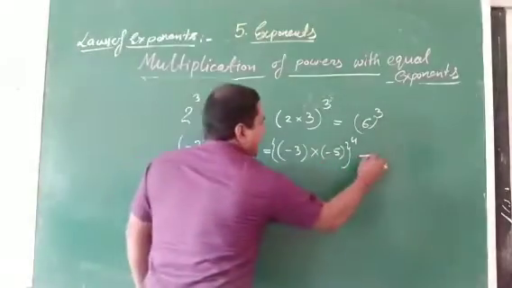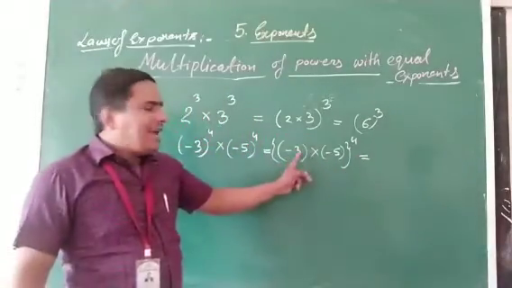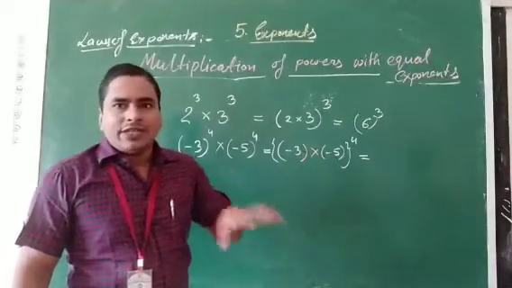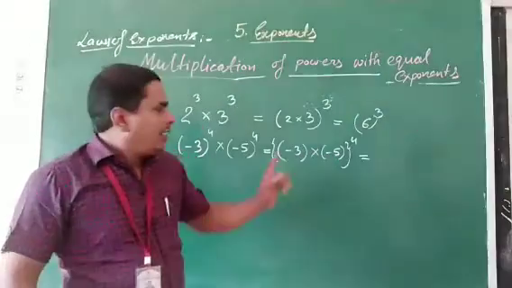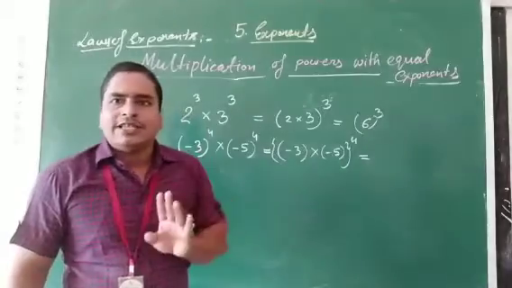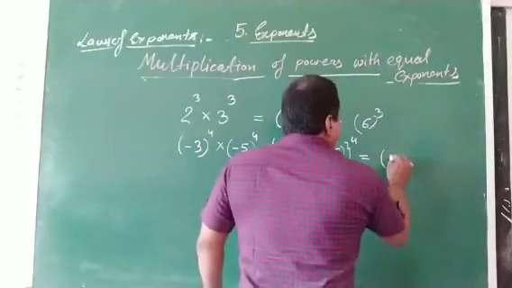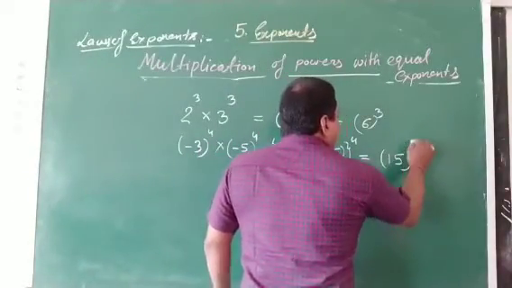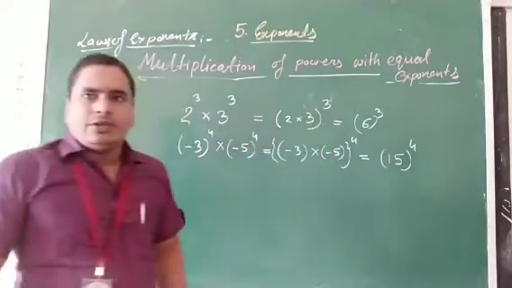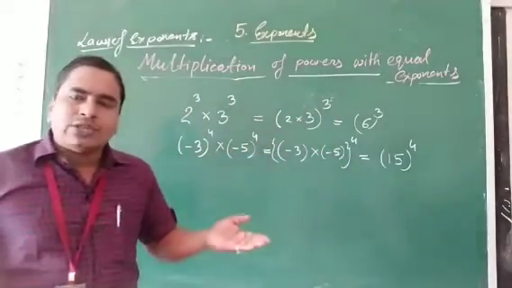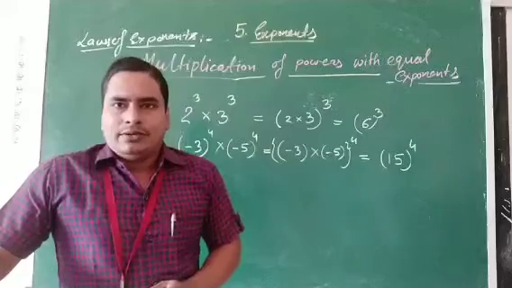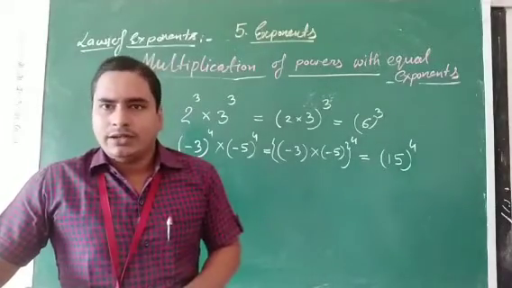Here we write minus 3 into minus 5. 3 fives are 15, we know that, and minus into minus is always plus. So here we can write 15 to the whole power 4. The same we can apply this rule for rational numbers or any other numbers.